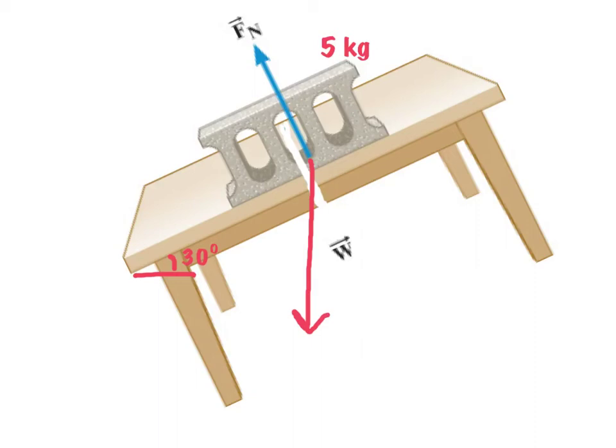Gravity is still going to point straight down. Now the force of gravity is simply the mass of the brick, 5 kilograms, times the acceleration of gravity, 9.8 meters per second squared, for a force of 49 newtons. Now, unfortunately, this force doesn't point in the x direction or the y direction, so we're going to have to fix that.